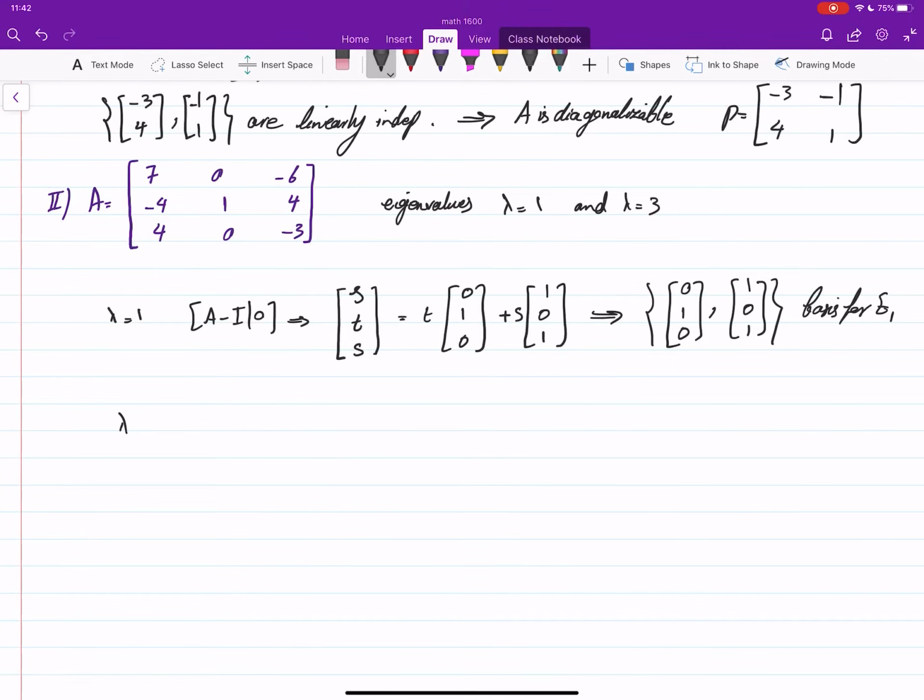For lambda equal to 3, you can do the same thing, A minus 3I this time. And from that, you will see that the solutions are multiples of a special case, which is -2, 3, 2, an eigenvector.